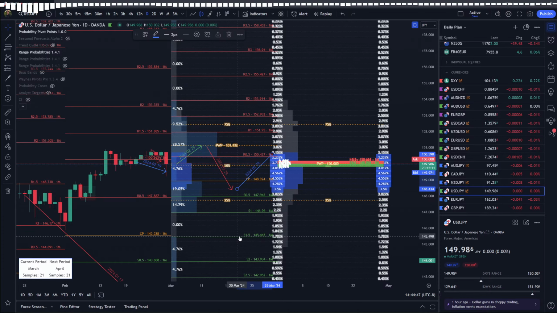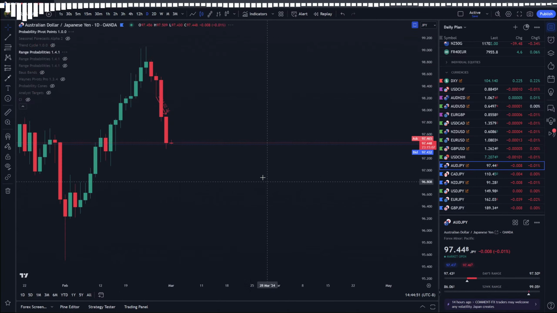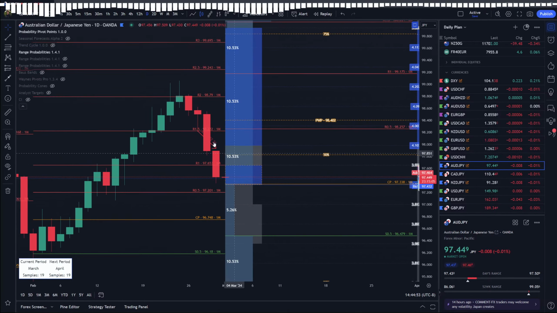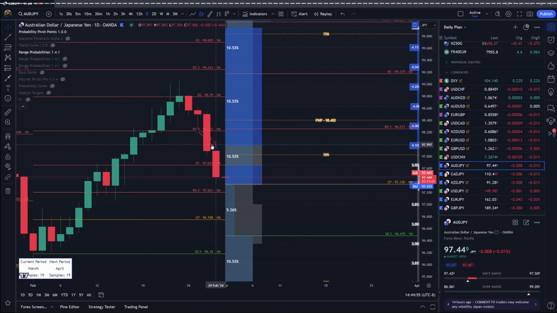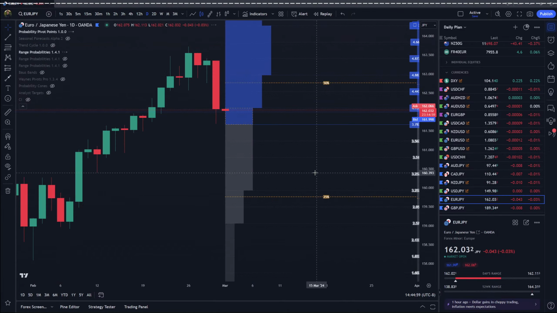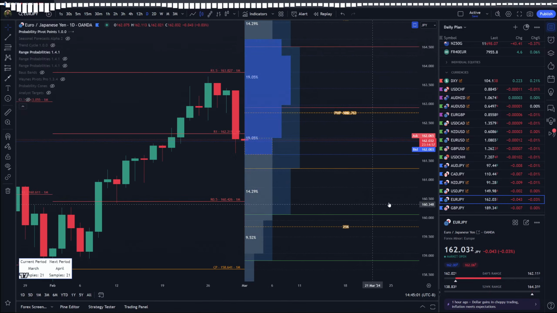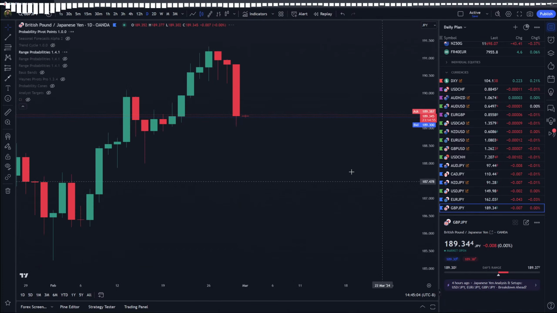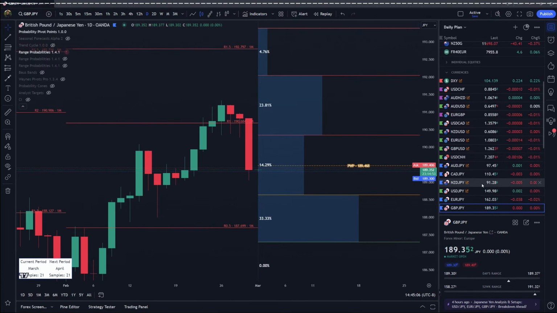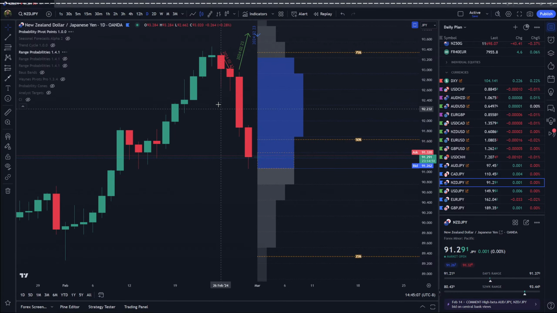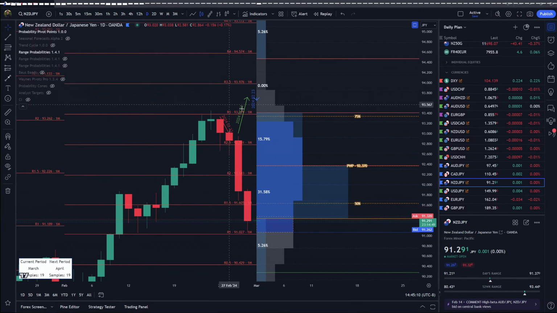We'll have to see because yen is real strong. I mean, if you look at Aussie yen, we set a bearish expectation there, and that lined up. If you look at euro yen, that thing just fell off a cliff yesterday. If you look at pound yen, New Zealand yen, man, I even set a positive expectation there. That was not bad at all.